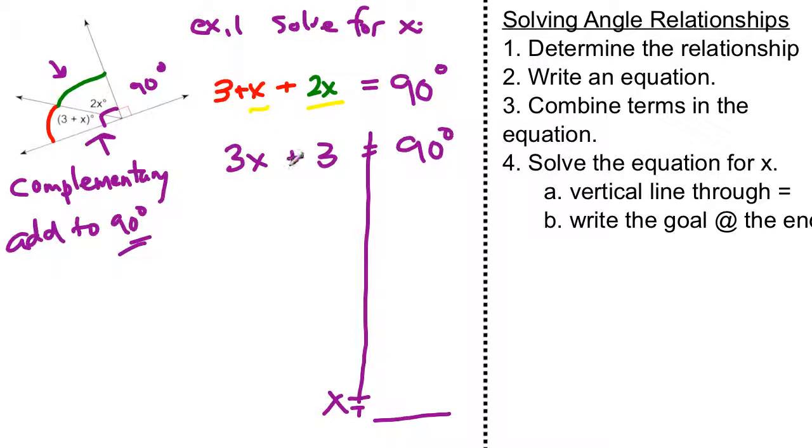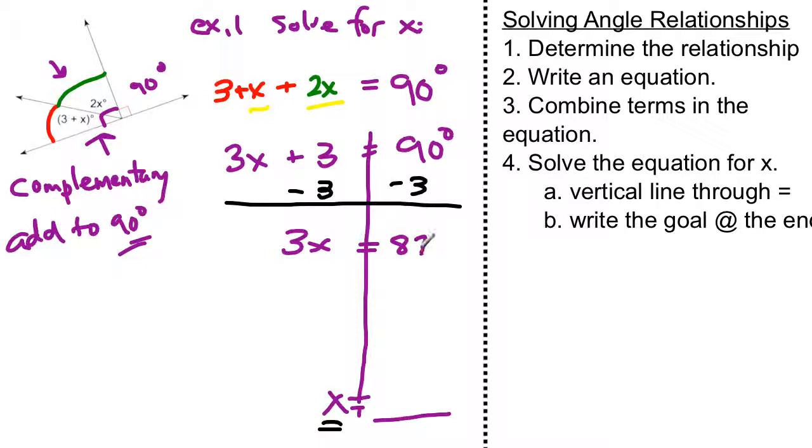When we look at this problem, we need to get x by itself. But notice on this left-hand side right now, we have two issues: we have 3x and we have plus 3. So the first step is we're going to subtract 3 from both sides. Then we simplify to 3x is equal to 90 minus 3, which is 87.